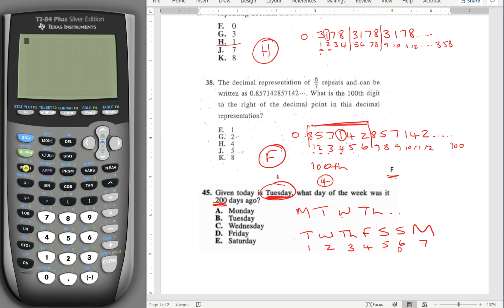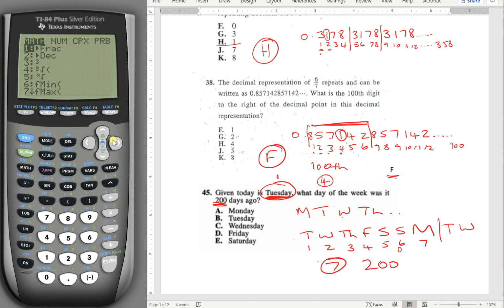Right? So we have our number of the digits in a block, and then it would repeat Tuesday, Wednesday. So we have 7 digits, and we need to find what's the 200th value. So once again, we have the 2 numbers that we need. We'd go to math, number, we scroll down to 0 to get remainder.